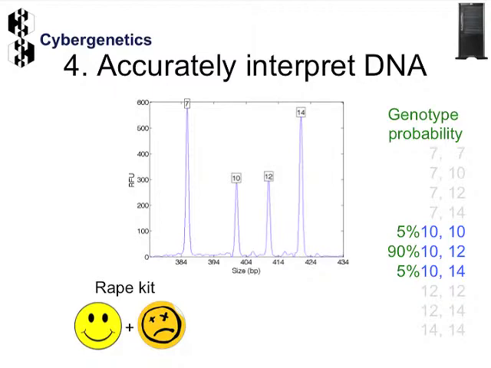And that's where Cybernetics and TrueAllele gets involved. Instead of throwing out information or underreporting it, the uncertainty in mixture data can be represented with probability, and these genotype probabilities that are found for every location that are tested in STR kits for each of the unknown contributors can then be inferred automatically by computer from the evidence.